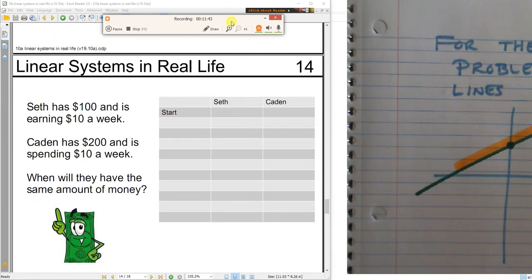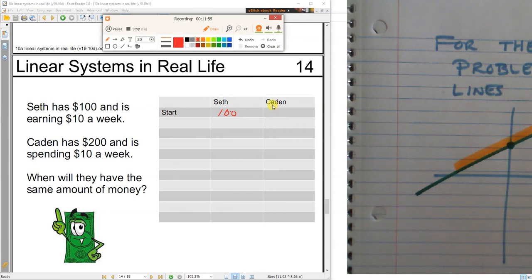Seth has $100 and is earning $10 a week. Caden has $200 and is spending $10 a week. So this is going to be $110, $120, $130, $140, $150, $160, $170.